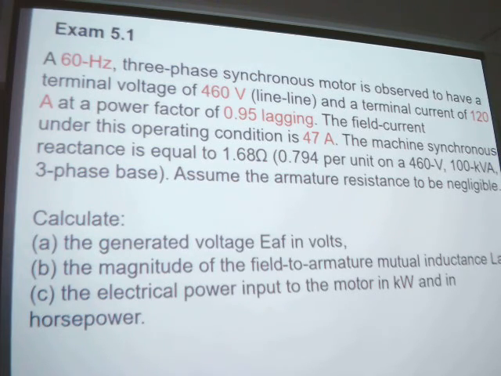We have to transfer it to the phase voltage. This is a line voltage.